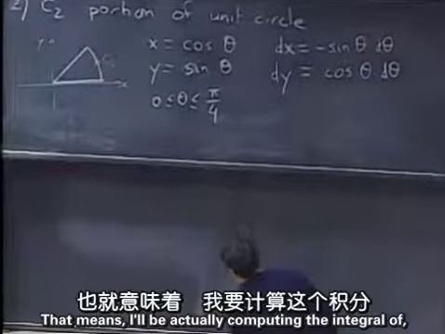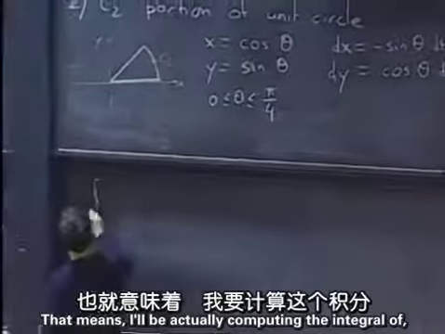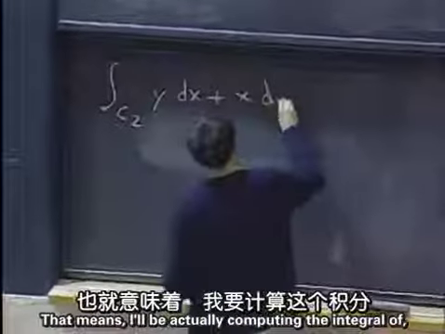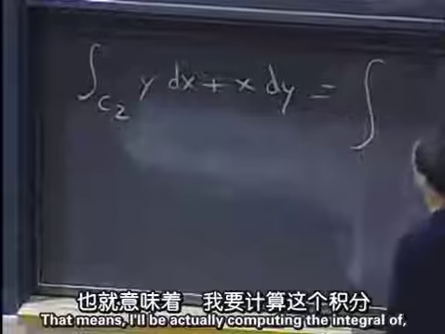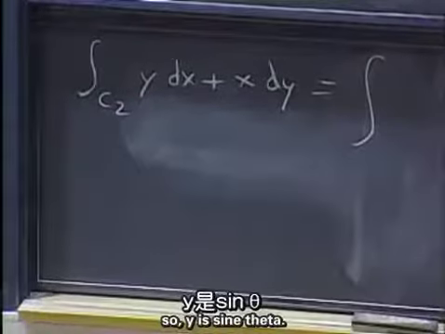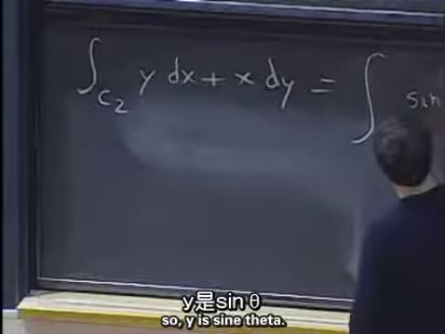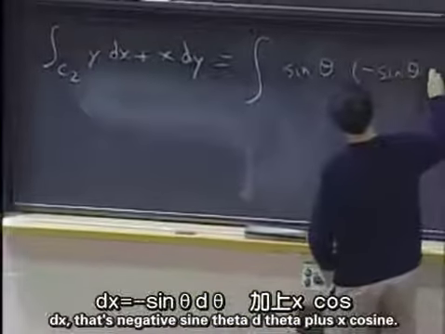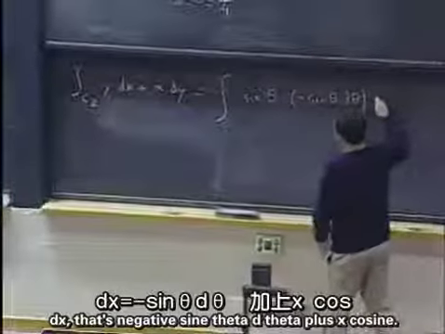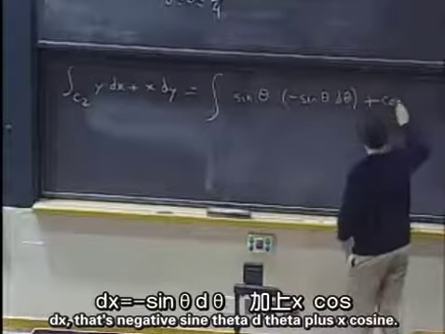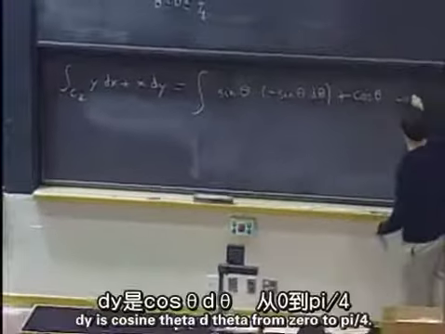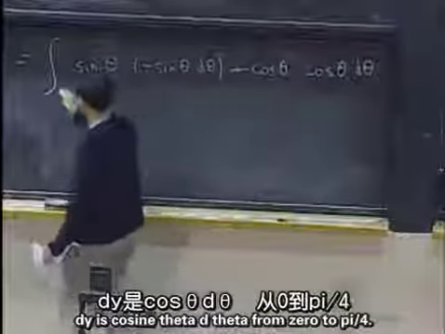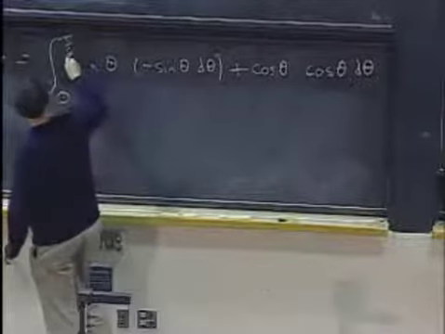That means I'll be actually computing the integral of y is sine theta, dx, that's negative sine theta d theta, plus x, cosine, dy is cosine theta d theta, from 0 to pi over 4.